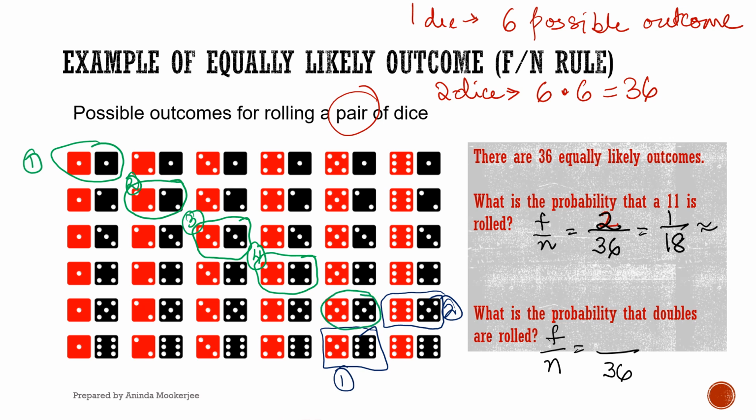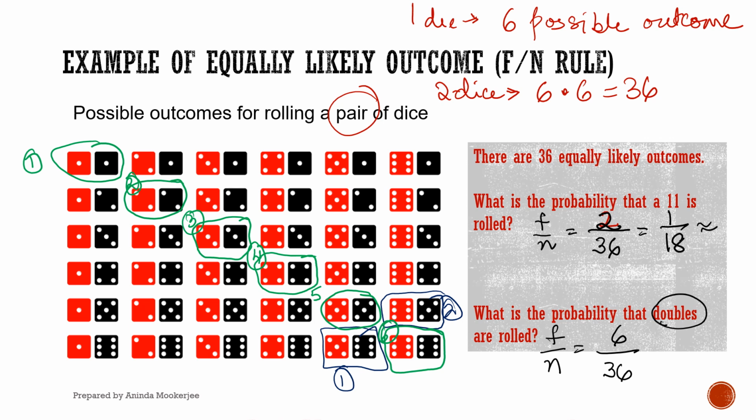That's a double. So that's the fifth way, and then 6 and 6. That's the sixth way. So there are 6 ways that we can get doubles when we roll a pair of dice. So you're going to write here 6. F is going to be 6. 6 ways we can get a double.